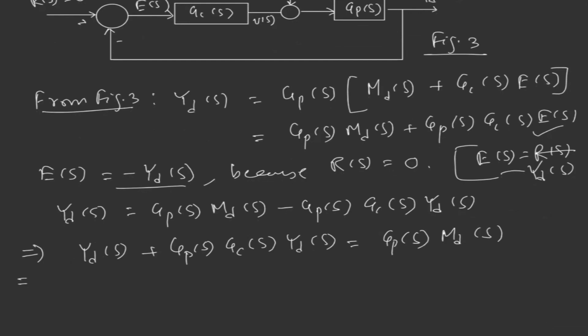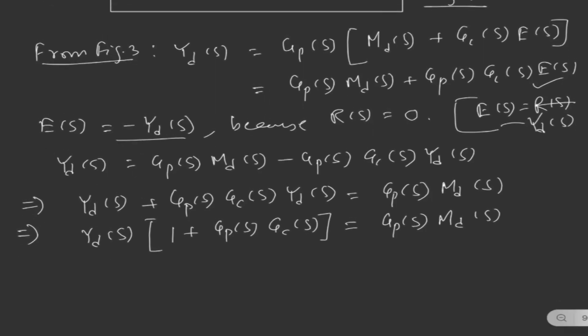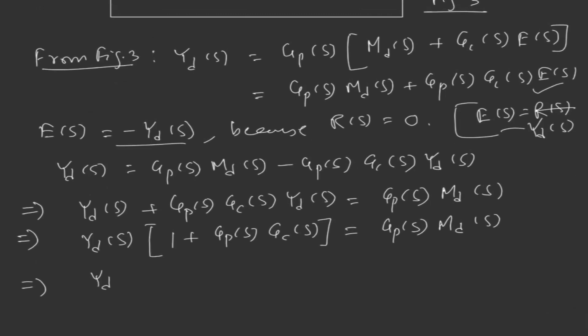From this expression we can take Y_D(s) common: [1 + G_P(s) G_C(s)] Y_D(s) equal to G_P(s) M_D(s). And further we can write Y_D(s) by M_D(s), the disturbance input, not reference, equal to G_P(s) divided by 1 + G_P(s) G_C(s).